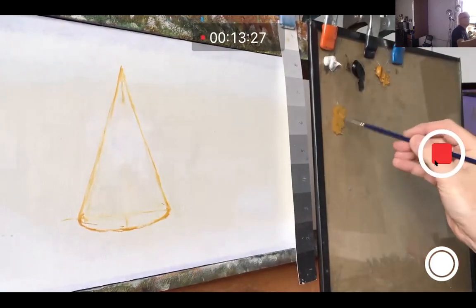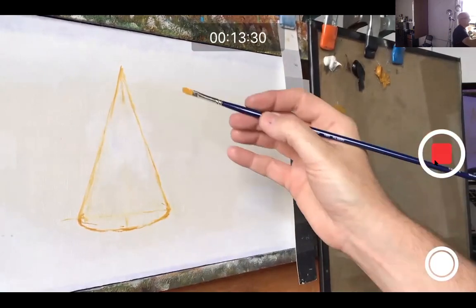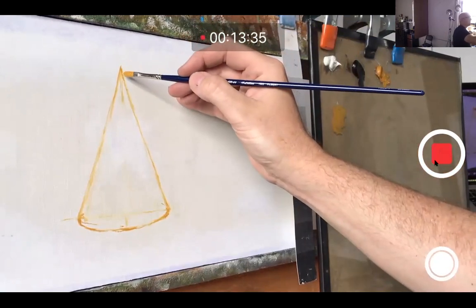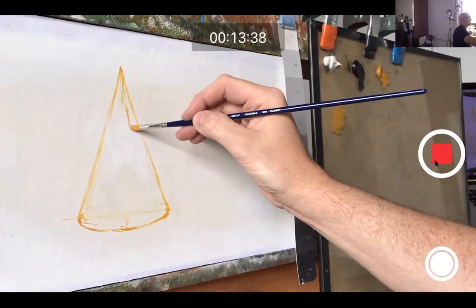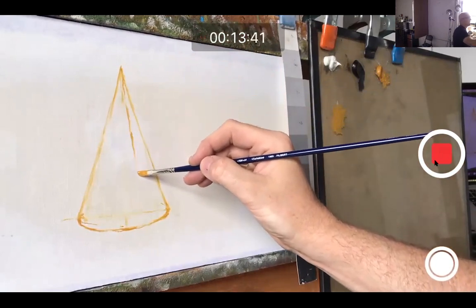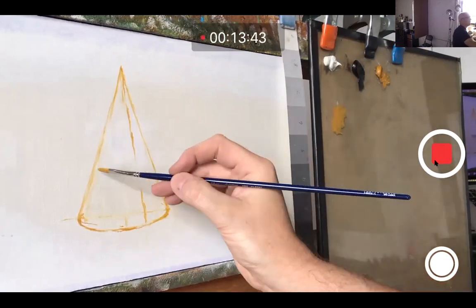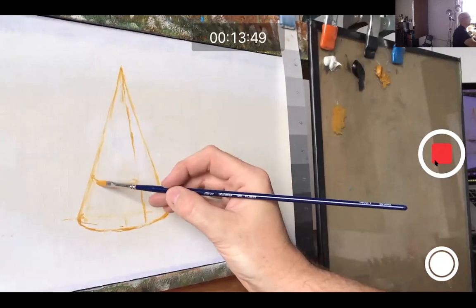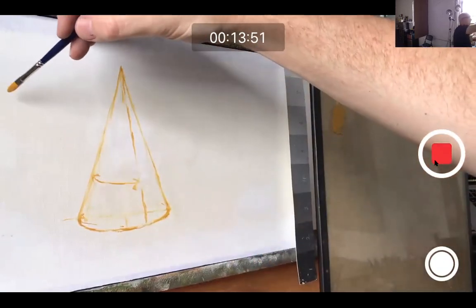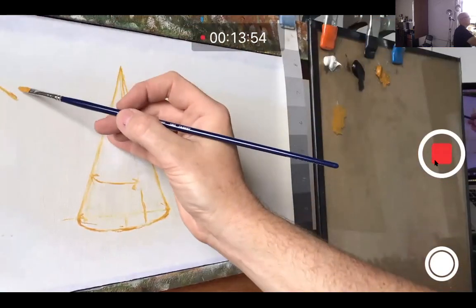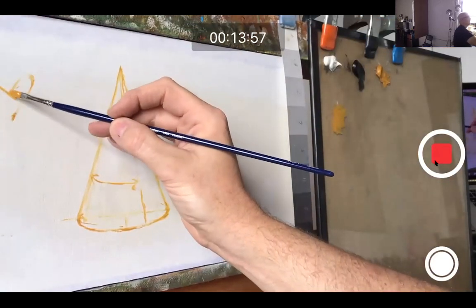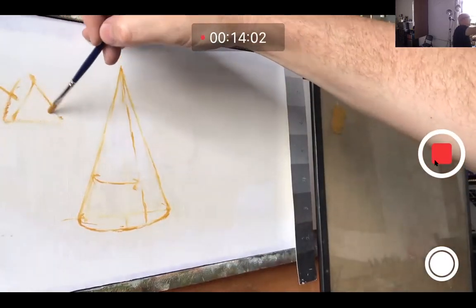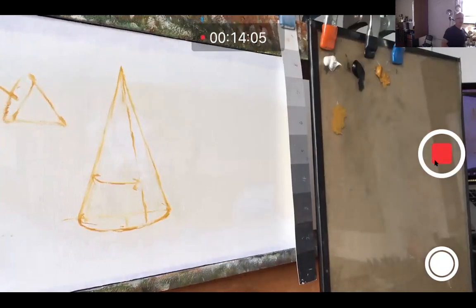So the first thing I'm going to do is draw out that line that we call the determinant, the line that divides the light planes of this object from the shadow planes. The light planes are facing this direction, right? Our light is coming from slightly above on the left. The light's coming in that direction.